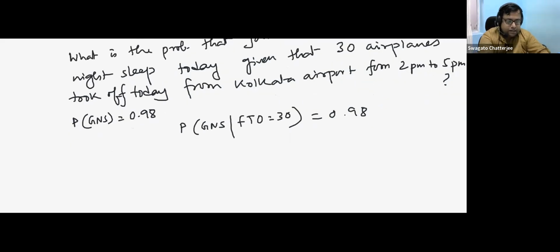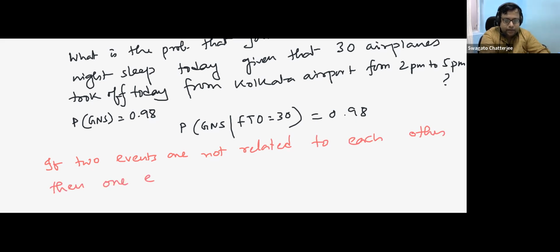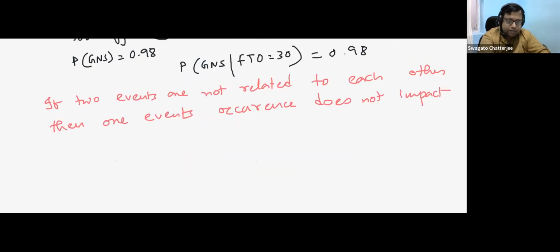So in other words, what you are saying using your common sense is that if two events are not related to each other, then one event's occurrence does not impact the probability of the other event's occurrence.